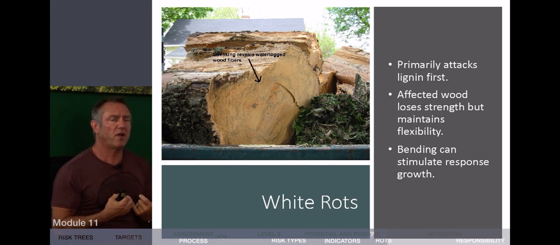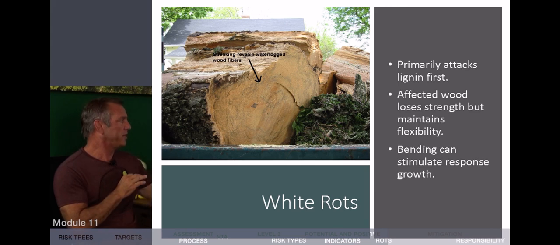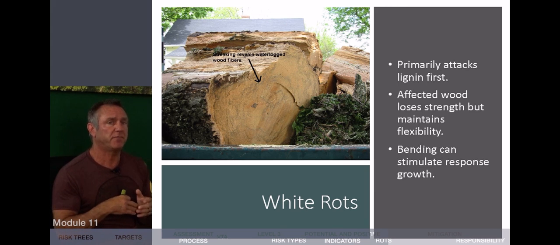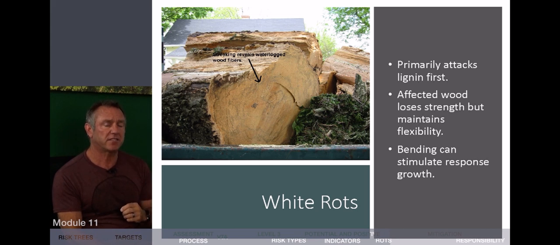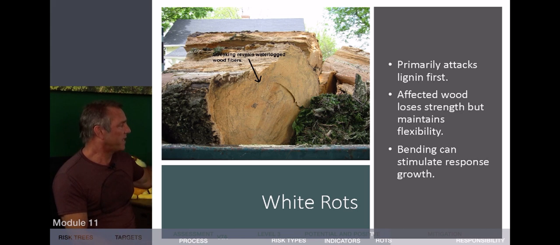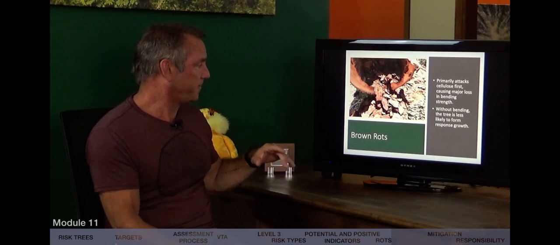So white rot may have a reduced likelihood of failure as opposed to other types of rot organisms. So with white rots, the affected wood loses its strength, but maintains some flexibility. So those are some key items to remember for your examination.